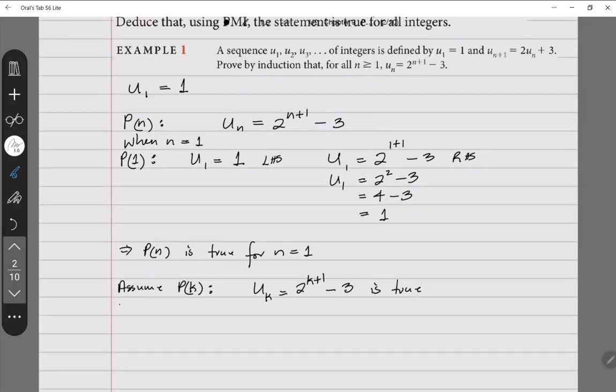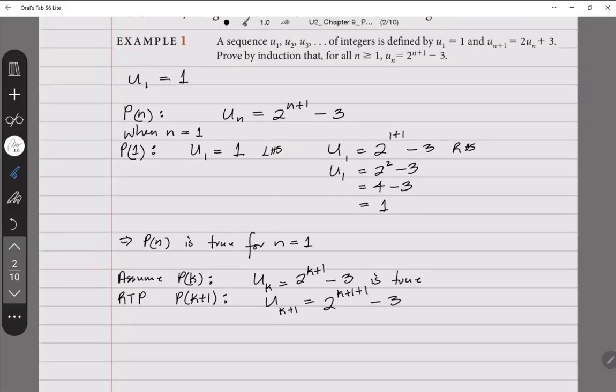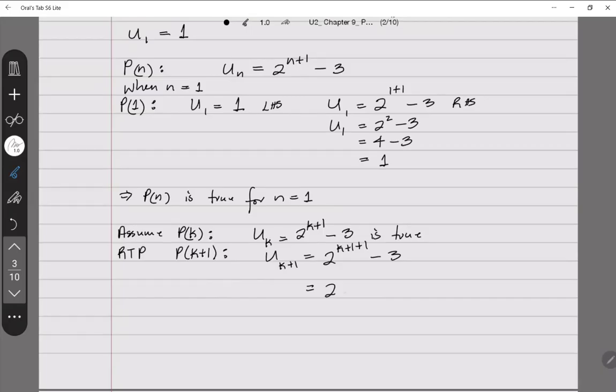Then we are required to prove that Pk plus 1, which is Uk plus 1, is equal to 2 to the k plus 1 plus 1 minus 3. This is equal to 2 to the k plus 2 minus 3. We're required to prove that to be true using the fact that Pk is true.